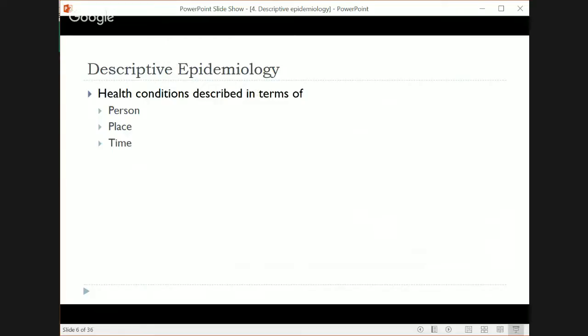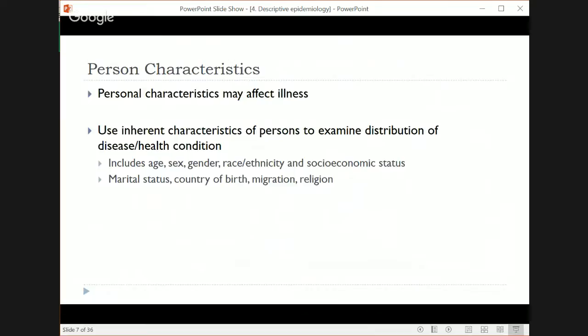All right, so what do we mean by person, place, and time? I'm going to start with person characteristics. These are inherent characteristics of a person that you can use to examine distribution of disease or distribution of some health condition. So this includes things like age, sex, gender, race, ethnicity, and socioeconomic status.